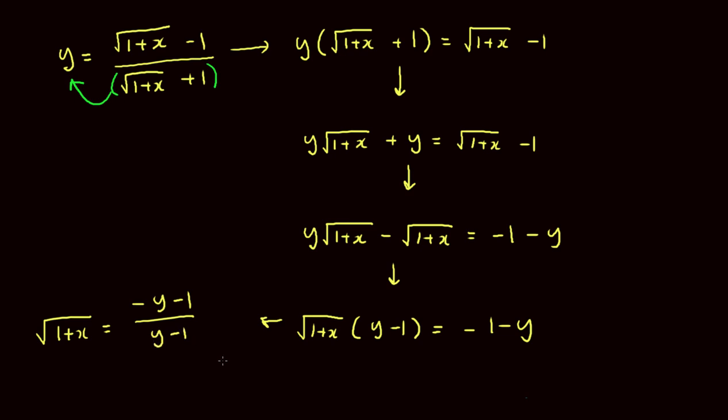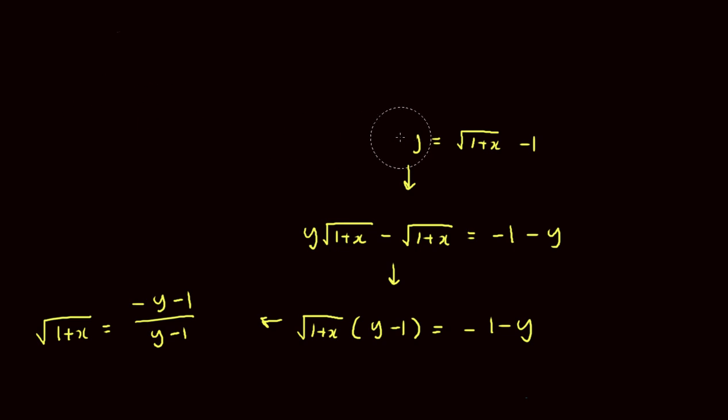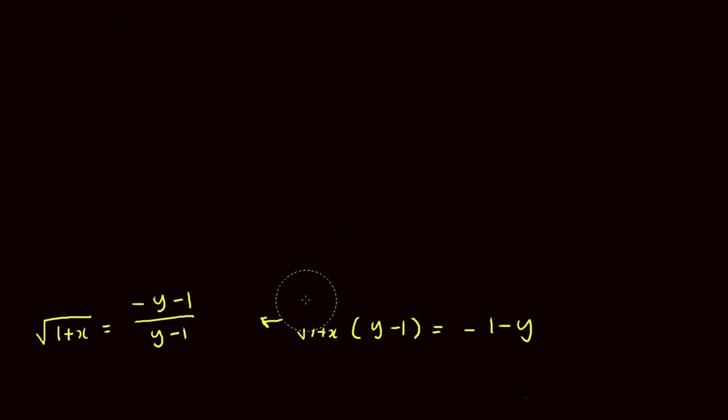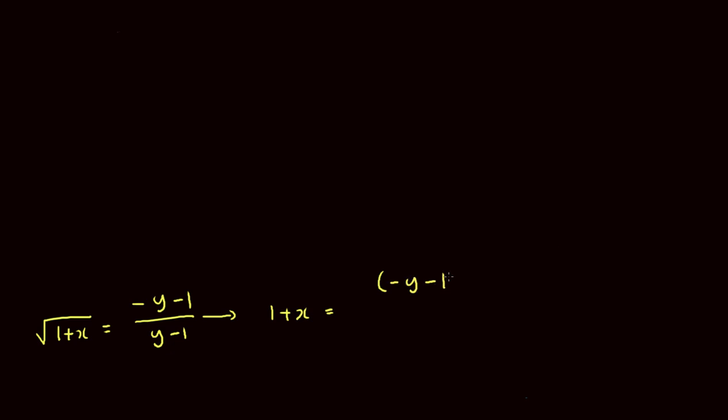I'm going to need a bit of space, so I'll erase this a little if you don't mind. Okay, so we're left with that. Now our next step is what? We'll have 1 plus x is equal to, we're going to square both sides, so negative (y plus 1) squared over (y minus 1) squared.